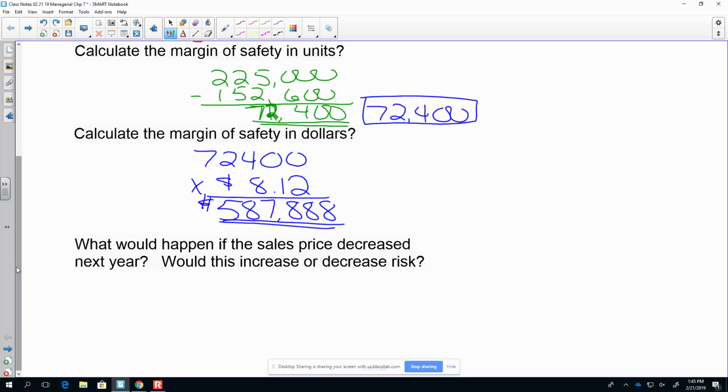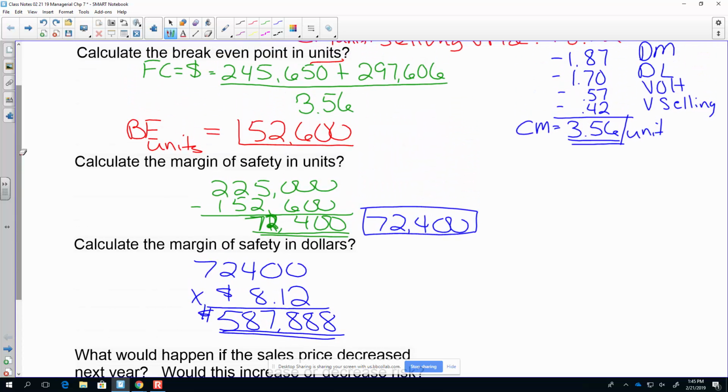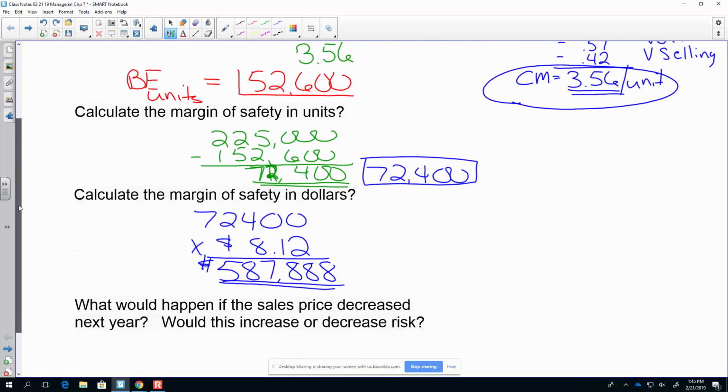They're just saying in general, if I decreased my sales price, what does that do to my margin? If I decrease my sales price, what does that do to my contribution margin? Decrease it.